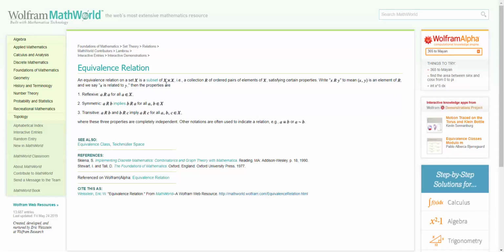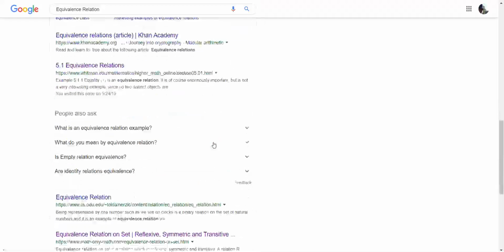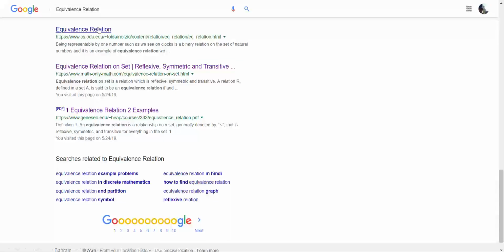That is a subset of X, ordered pairs of elements of X, satisfying certain properties. Okay, so it's basically just defining whatever we're saying. What we need to do is figure out what examples we could do. Maybe this.